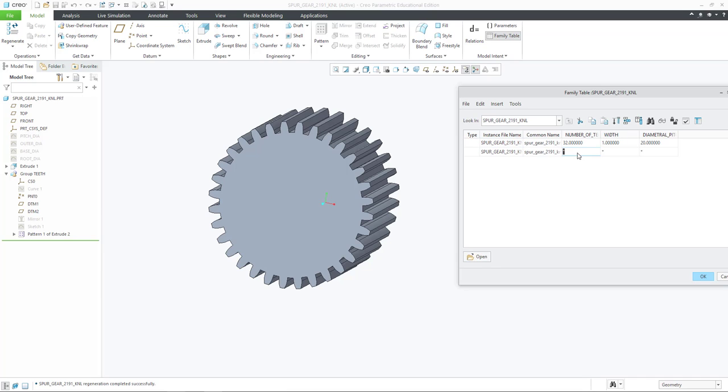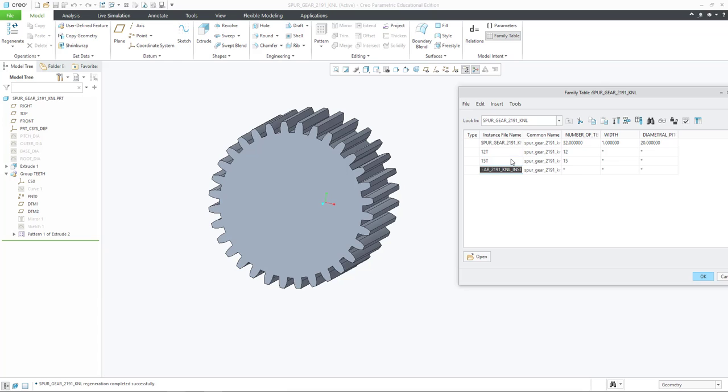All right, so if I have a number of teeth of 12, if I leave stars, everything stays the same. I might want to call this a 12 tooth. 15 tooth, set the number of teeth to 15.